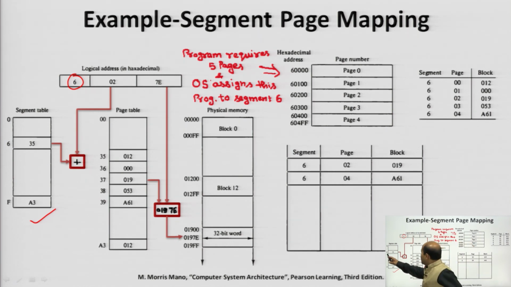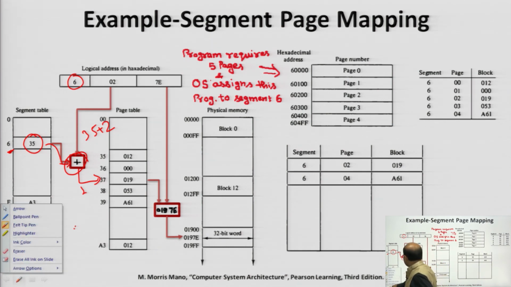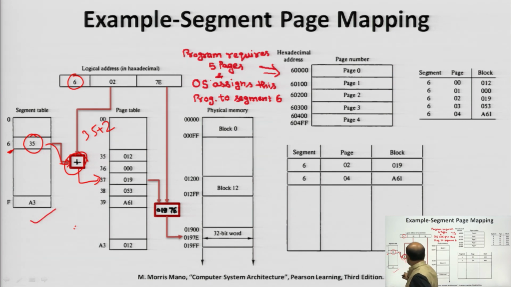Here you can see the entry corresponding to segment 6 is 35. This 35 is produced by the segment table, and this 02 is the page address which is added to the page base value. So 35 plus 2 is performed here, and this will come as 37.